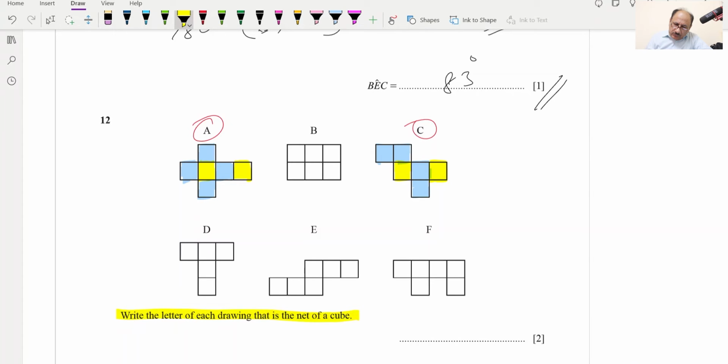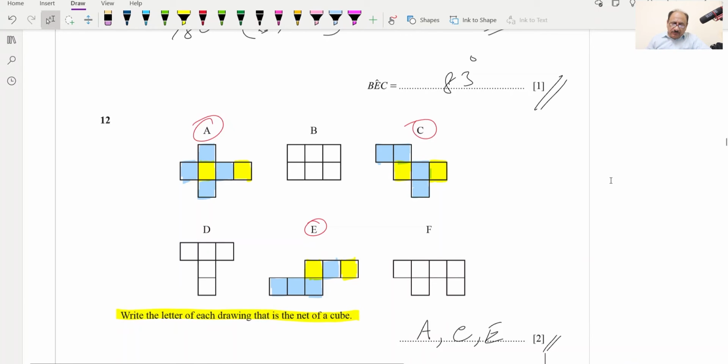So this will be base, and on top will be this one, and one side, these are the rest of the 4 sides. So this is also a cube, and we can circle this as well. So A, C and E are the letters which we can write over here. This is a 2 mark part which we have done.